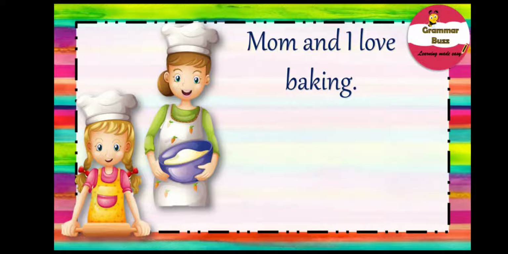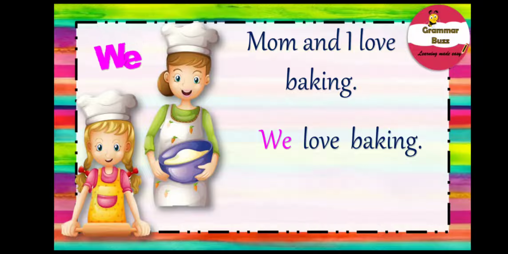And the word I, we know, is a pronoun. So, we are going to replace this pronoun and this proper noun with a single plural pronoun that will cover both of these nouns. So, our new sentence is, we love baking.